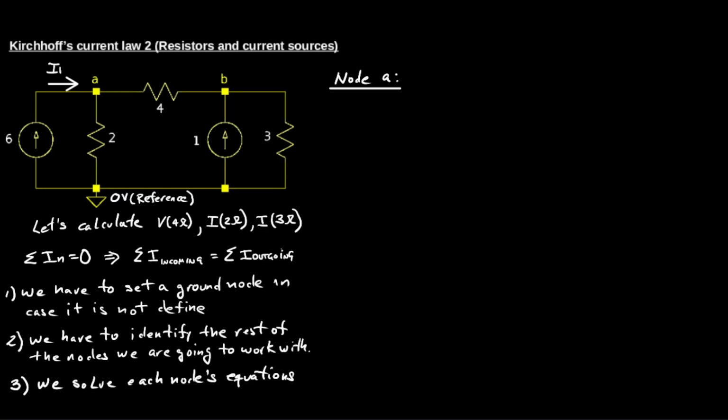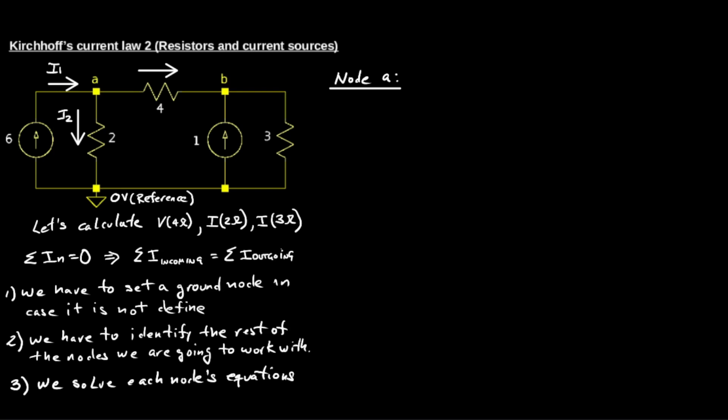But as I'm going to work with currents, the first thing I have to do is to draw currents going into the node or coming out from the node, whichever direction I want.